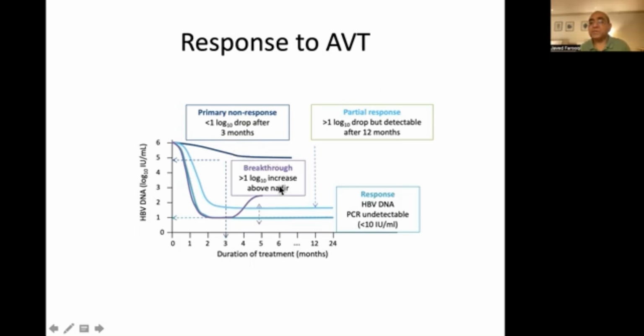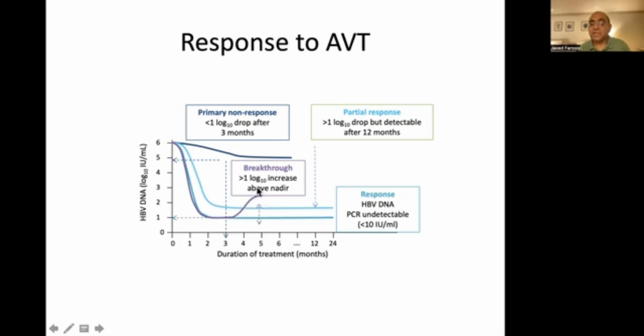One is partial response. In the partial response, the DNA level has dropped down by more than 1 log. You see, initially it was 6, and now it is around 2, but still it is positive, and it remains positive. So this is called partial response. And the breakthrough is that the PCR went down, it was less than 10 units, undetectable, and it remained so for some time, but then there's an increase of more than 1 log. Like you see here, it was less than 10, but then it rose again.